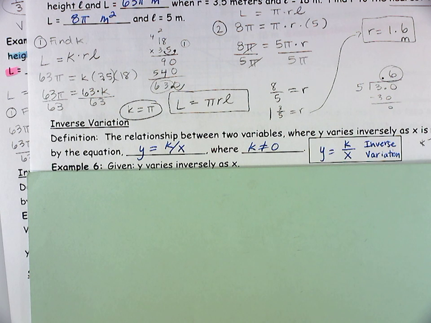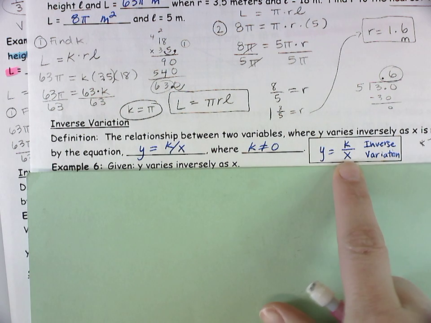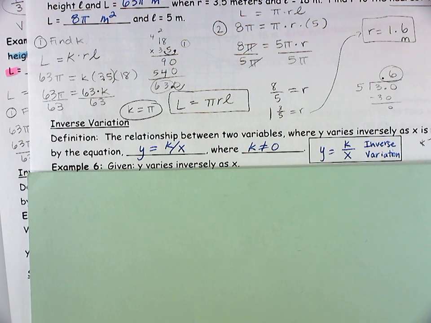And again, you can't have your k value be 0. We're going to put that in our box so when we're looking back, we can find all of our equations very easily. So y is going to be k over x, where k cannot be 0.